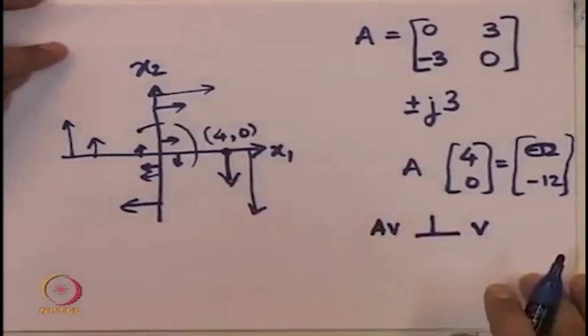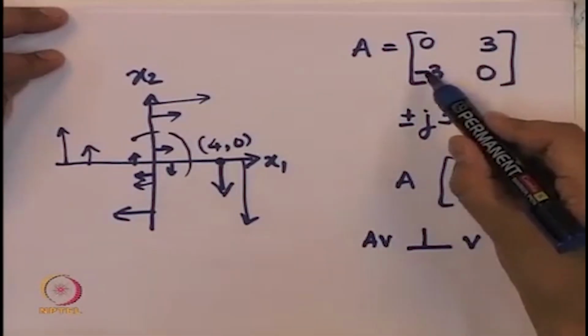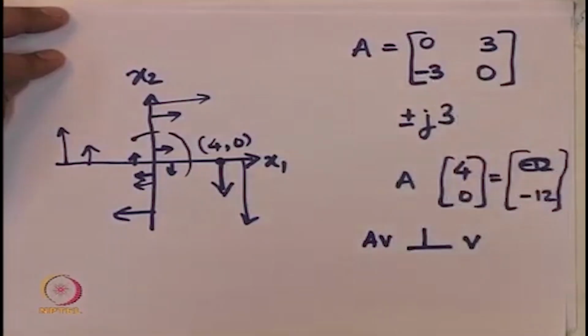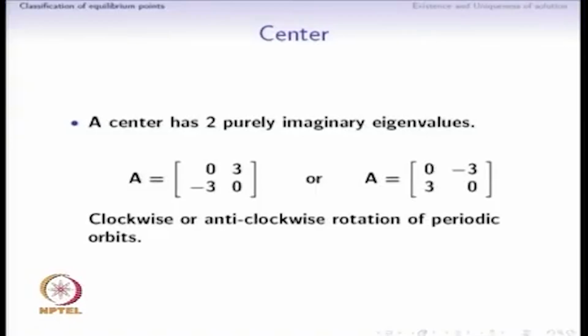The clockwise or anti-clockwise just depends on whether we have a plus sign here or a plus sign here. So this other example on the computer corresponds to an anti-clockwise rotation, because we have a negative sign here and a plus sign here. We have an anti-clockwise rotation for the second example of A, and both the A's correspond to periodic orbits with the number 3 indicating the frequency, but since we are interested only in a qualitative study, the precise value of the frequency is not significant.